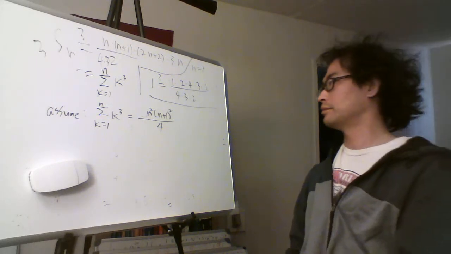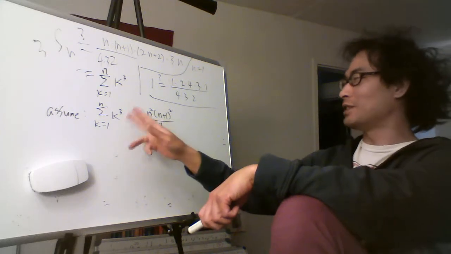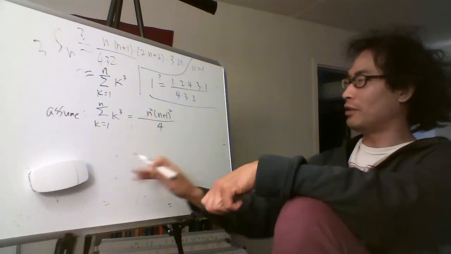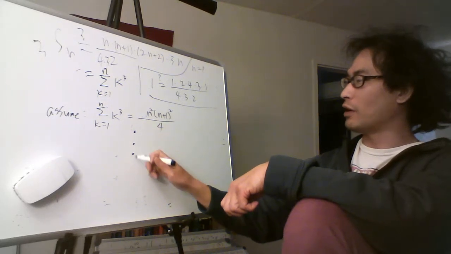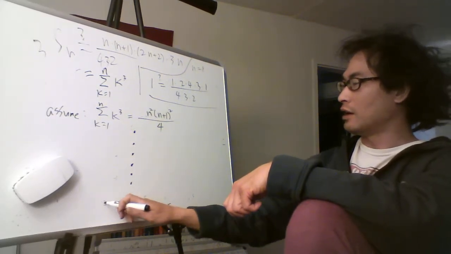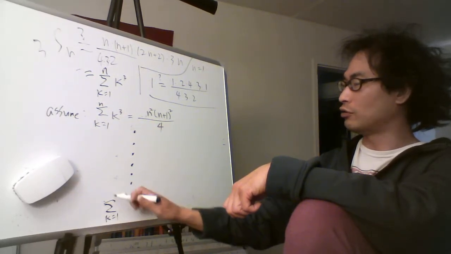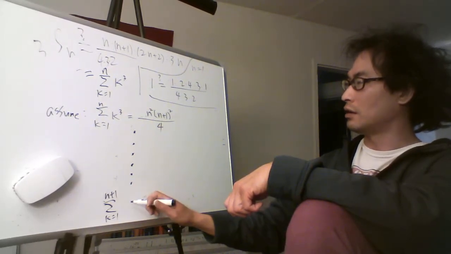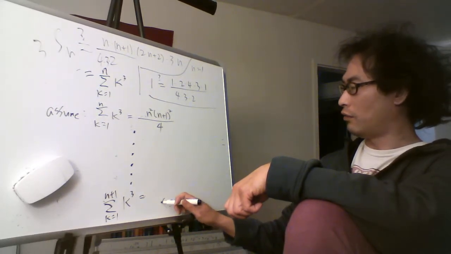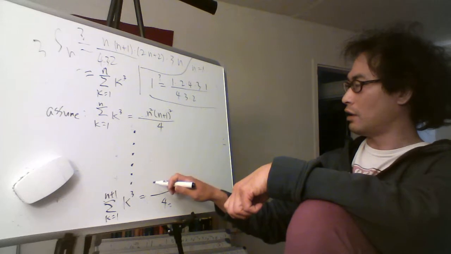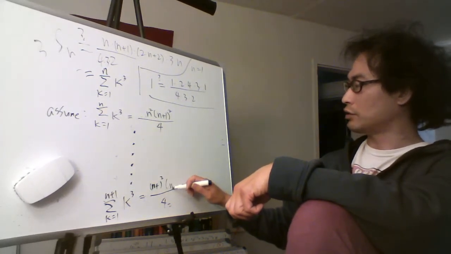All right, it's pretty. Let's assume this is correct. Then our end goal is to prove, and we can reverse engineer, that sigma from 1 to n plus 1 of k cubed is equal to, downstairs 4, n plus 1 squared, n plus 2 squared.